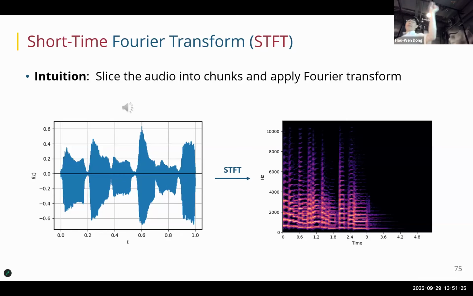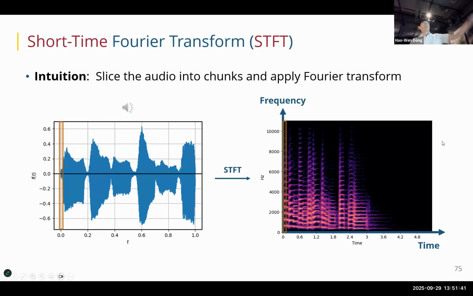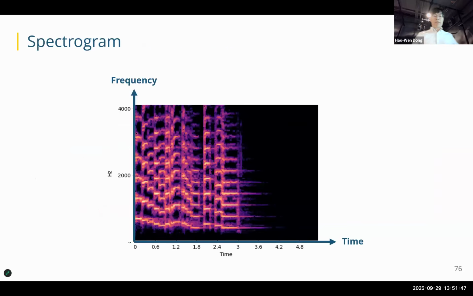But if you take the first 200 milliseconds, then now you see the frequency components of that 200 milliseconds. So for STFT, you just slice through it so that at each position, you see how the frequency components change over time. So that's how we get the spectrograms.